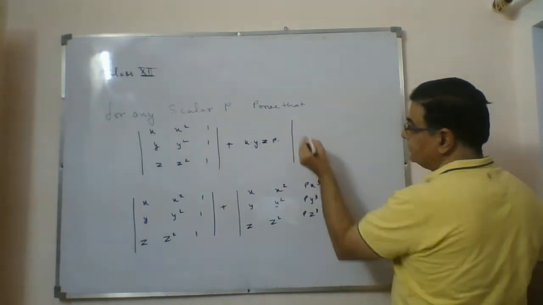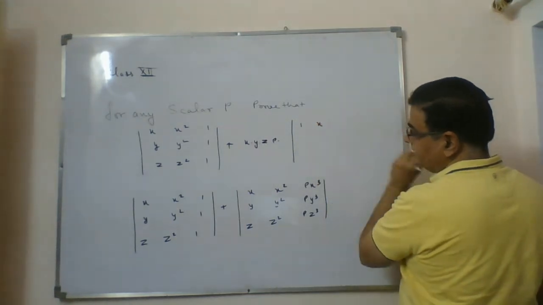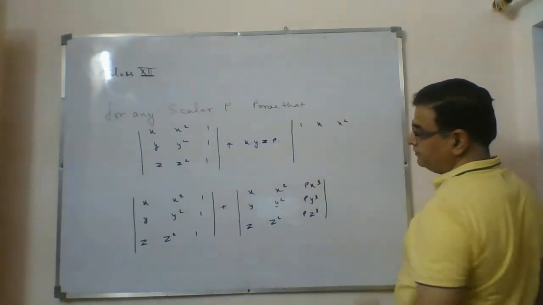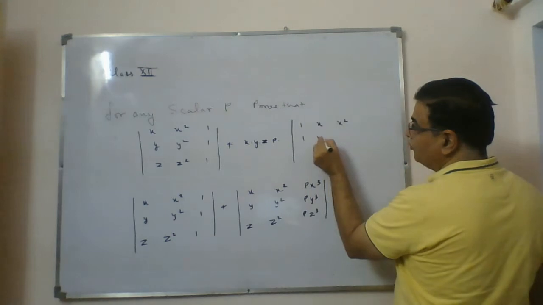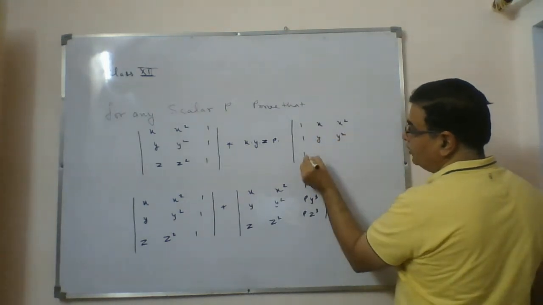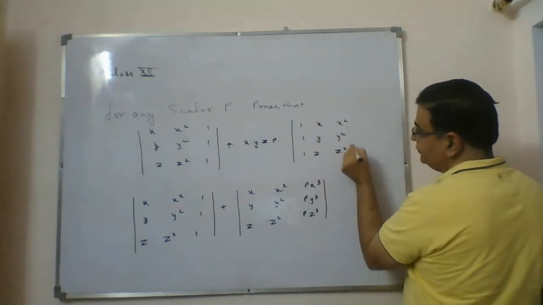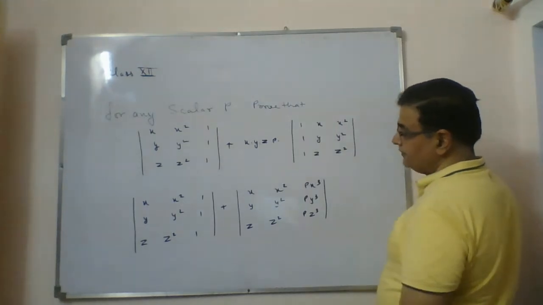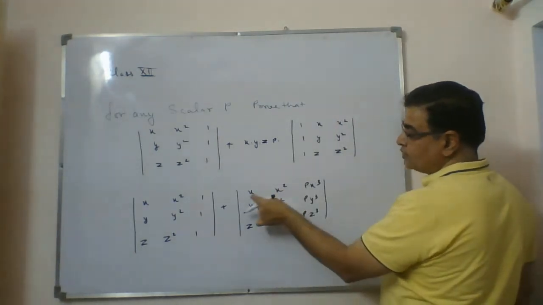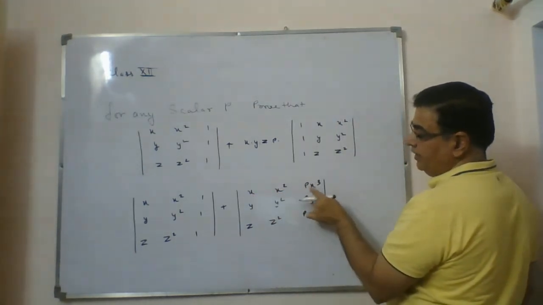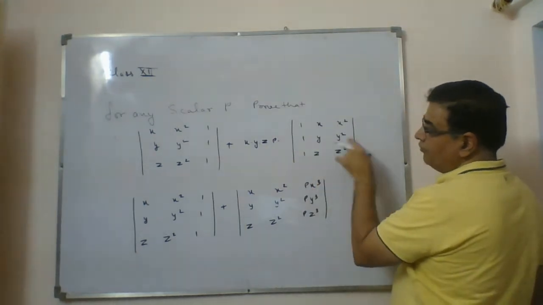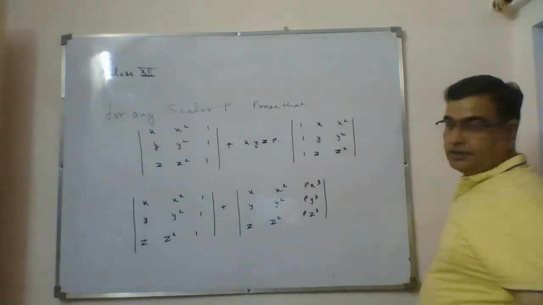Then left is 1, x square; 1, y square; 1, z square. Is this okay? x gone from here, so 1, x and x square, and p is also gone.